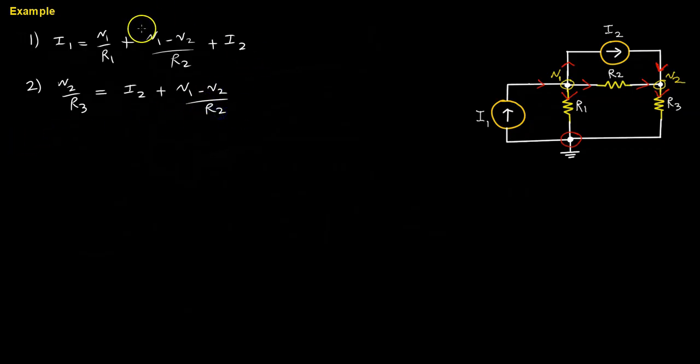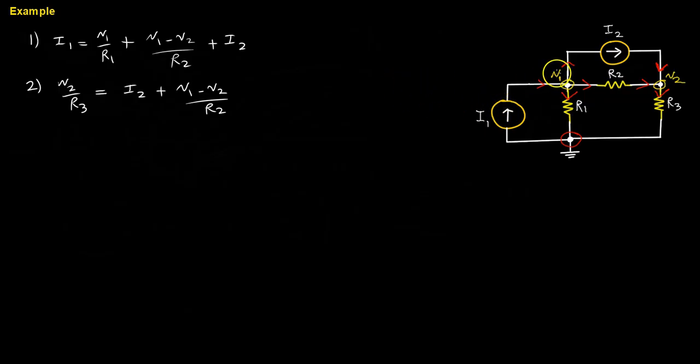So now that we have our two equations, we have to identify our variables and knowns. In this case, we have a bunch of resistors and voltages and currents. The currents are going to be given. You can design the problem in such a way that voltage is given and current is not, but that should be trivial.